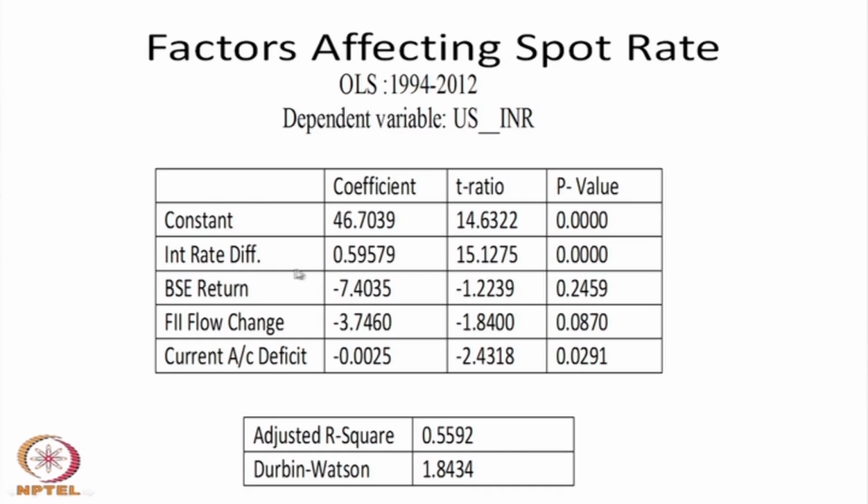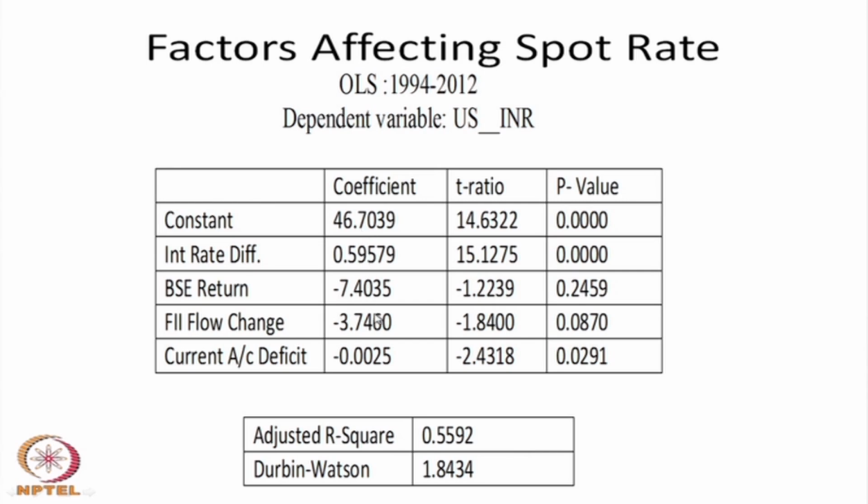The interest rate differential has a 0.579 coefficient. The coefficient means if the interest rate differential is 2%, you multiply the coefficient with 2% and get the contribution to the spot rate by the interest rate differential.